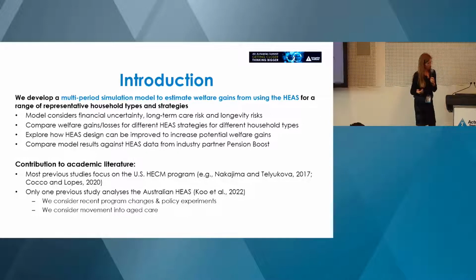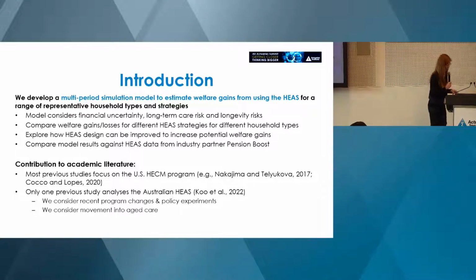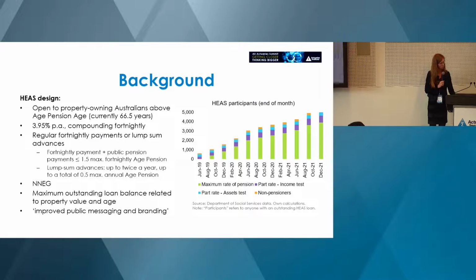We compare welfare gains and losses, and we look at some potential policy changes to the scheme. It's a major contribution to research because most previous research is for the US. There is only one study by colleagues at Monash that looks at the home equity access scheme, but they consider the old scheme, and they don't consider aged care, which is an important component of retirement planning.